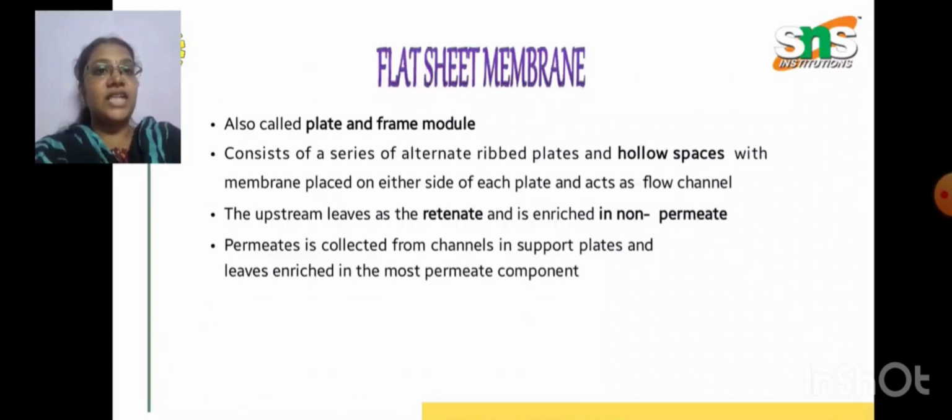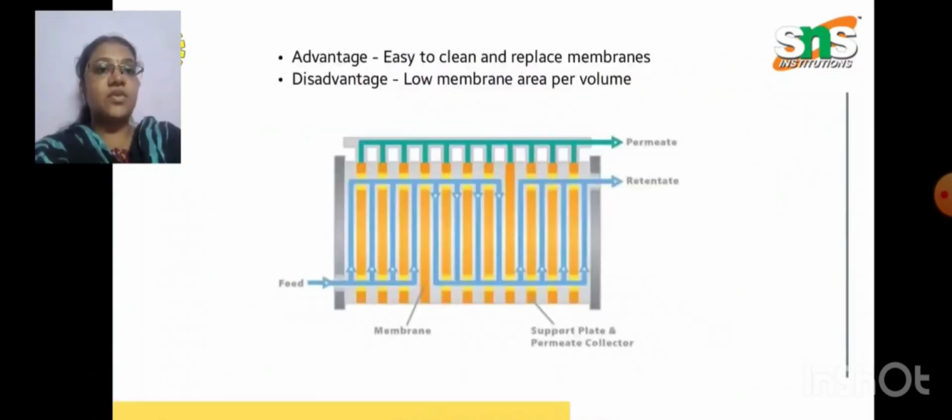Next is the flat sheet membrane, otherwise called a plate and frame module. It has alternate ribbed plates and hollow spaces with membrane placed on either side of the plate, as well as a flow channel. Here the permeates are connected from channels in support plates and leave enriched in the most appropriate component.